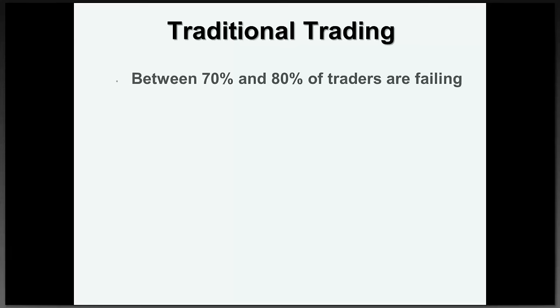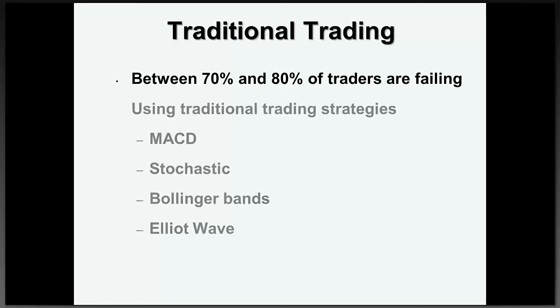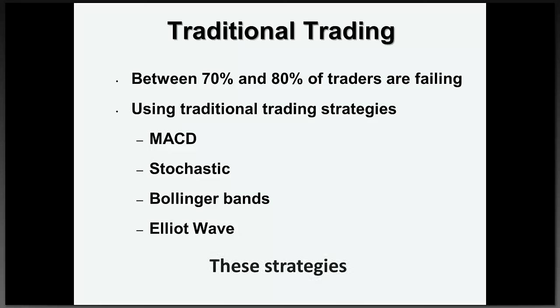So let's have a look at traditional trading. We've got to remember between 70 and 80% of traders are failing. They're using traditional trading strategies: MACD, stochastic, Bollinger Bands, Elliott Waves, etc. And these strategies really don't work, because if they did, there wouldn't be the high turnover of traders in the market.